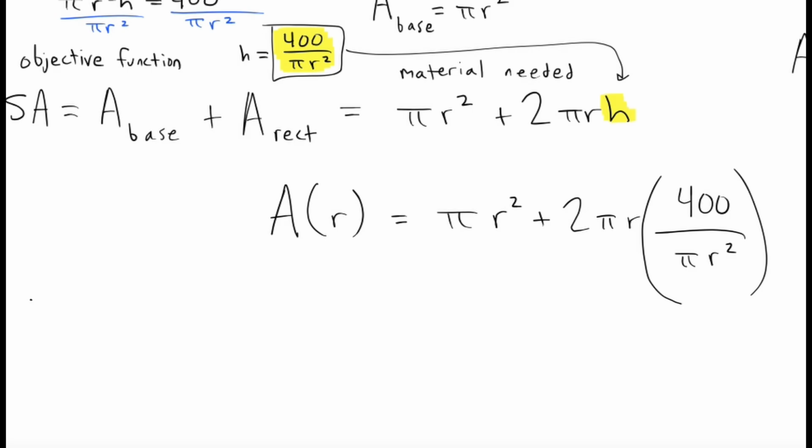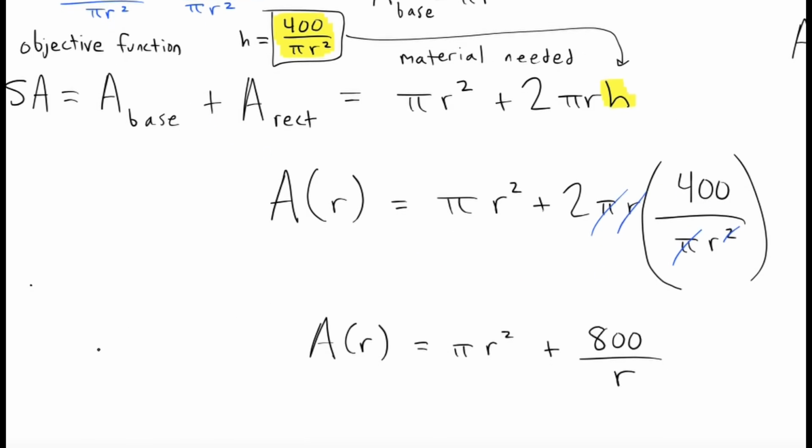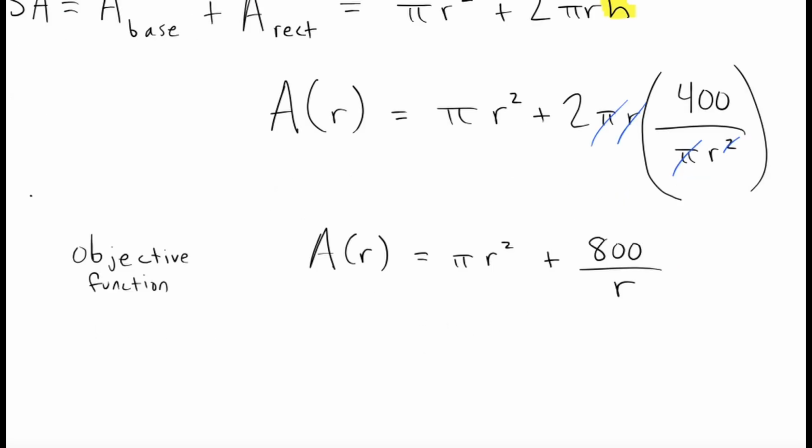Okay, so some things should cancel here. The pi's will cancel, one of the r's will cancel. We get that for our simplified objective function. All right, our next step is going to be to differentiate the objective function.